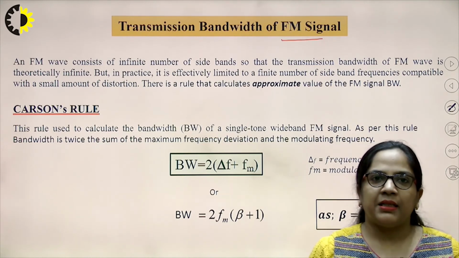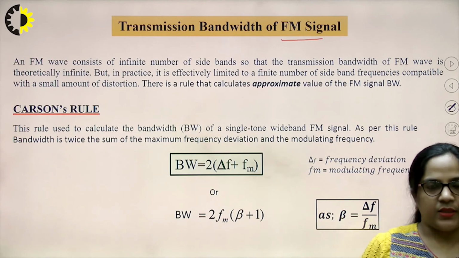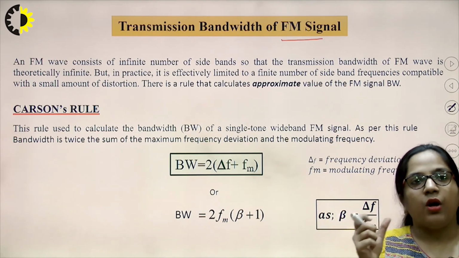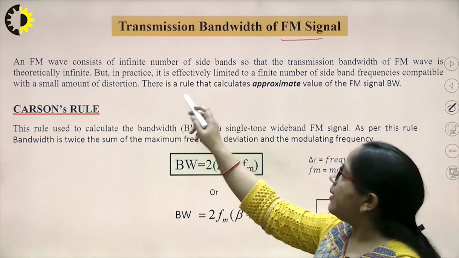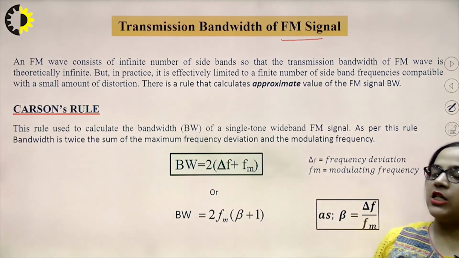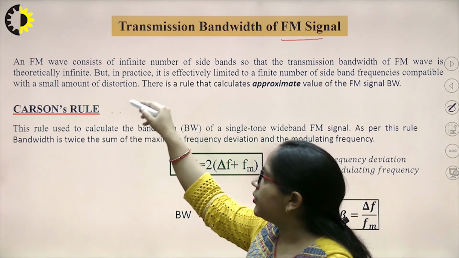But in practice, it is effectively limited to a finite number of sideband frequencies compatible with a small amount of distortion. So, there is a rule with the help of which we can approximate the transmission bandwidth of FM signal, that is called Carson's rule.